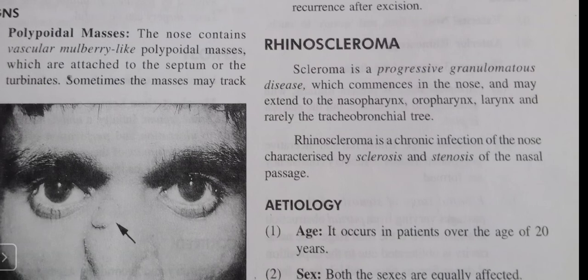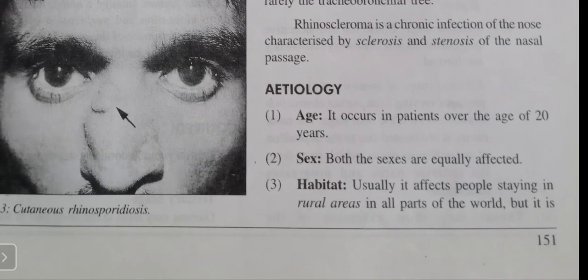Okay. The etiological factors of rhinoscleroma. First one is the age group affected. It occurs in patients over the age of 20 years. Both sexes are equally affected. The habitat is mostly rural areas in all parts of the world, but with low socioeconomic conditions.